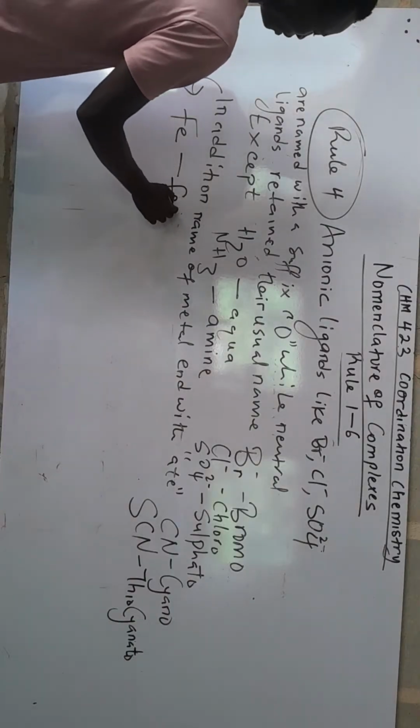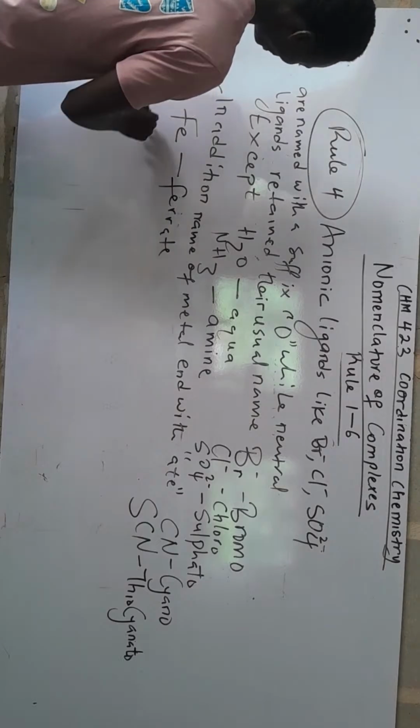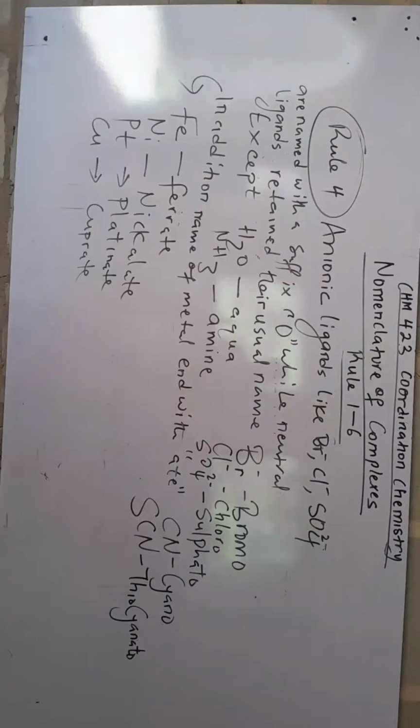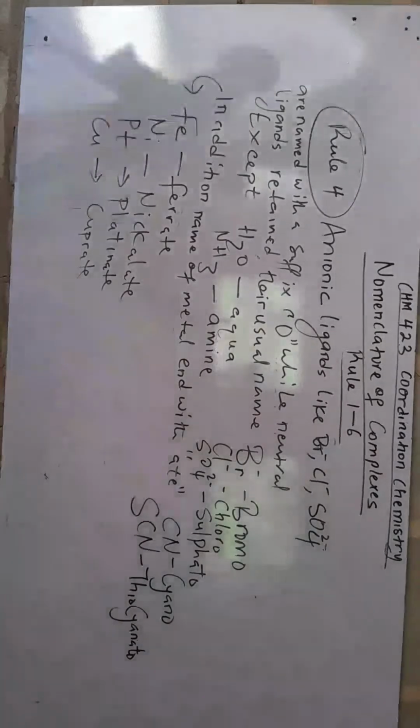Fe is ferrate, Ni is nickelate. Some possible compounds that we use this to name include.